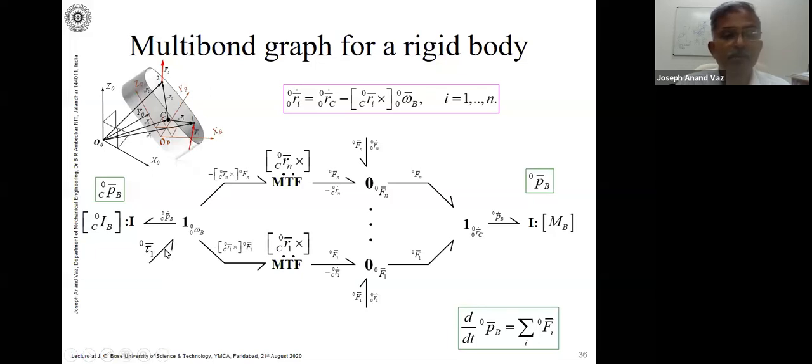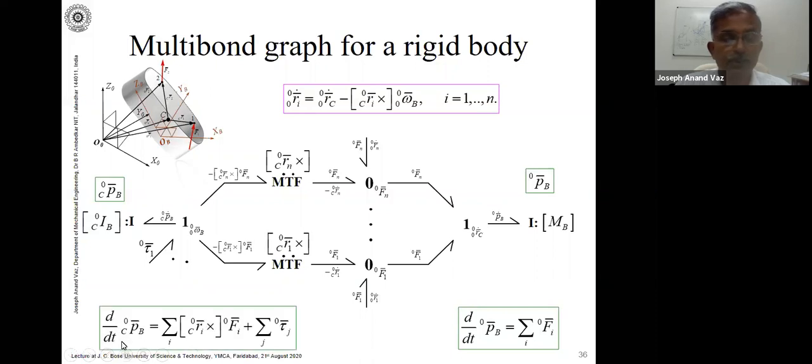You can also have additional moments in the form of torques, and they will all add up. So the rate of change of the angular momentum of the body about the center of mass expressed in the inertial frame 0 is equal to the resultant of the moments of these forces about the center of mass plus the resultant of all the external torques that are acting on this body.